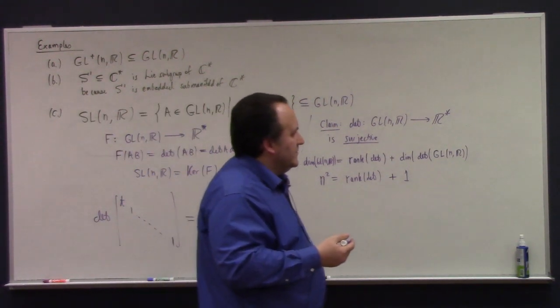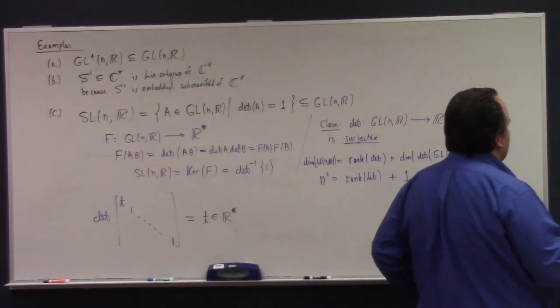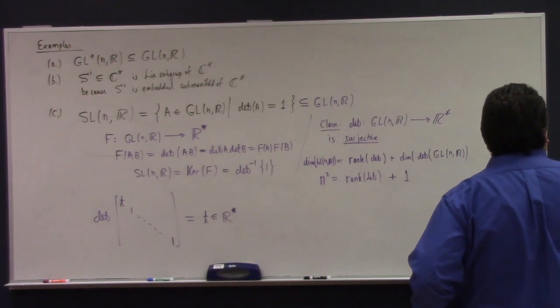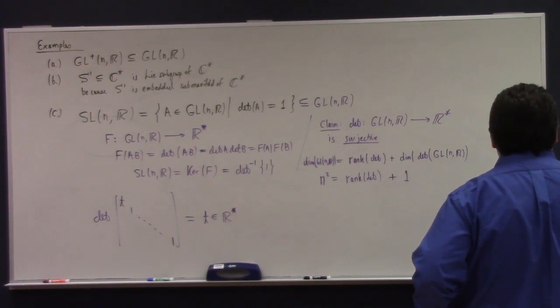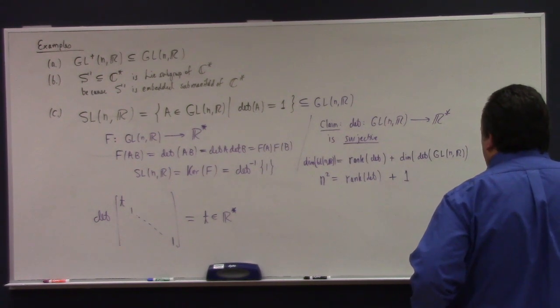If that's true, the codimension is the rank of f. What's that mean? The codimension is the rank of f.